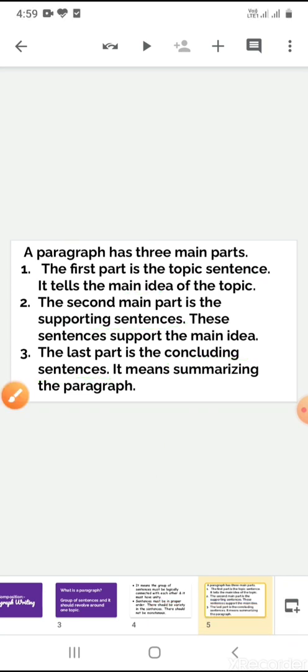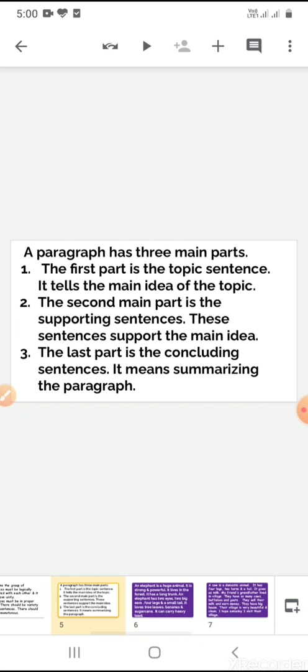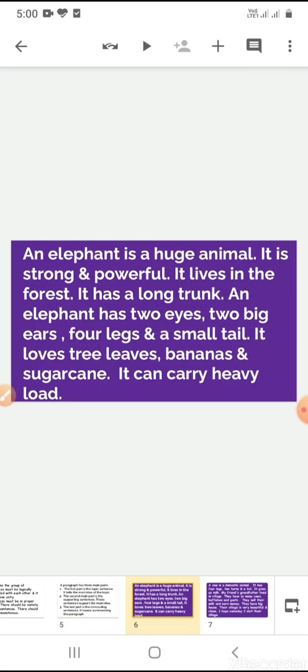Now we will read two different paragraphs and we will see which paragraph is a good paragraph. Okay, you have to read with me. Okay children, now let's start with the first paragraph.